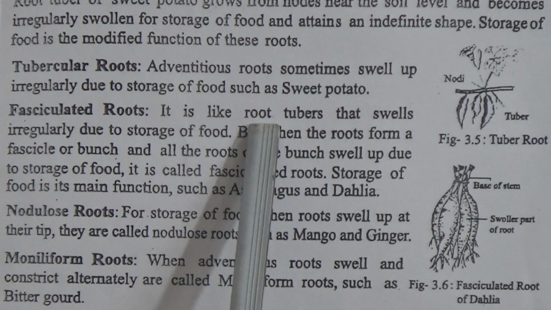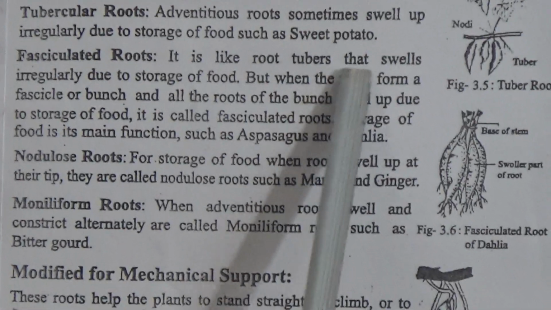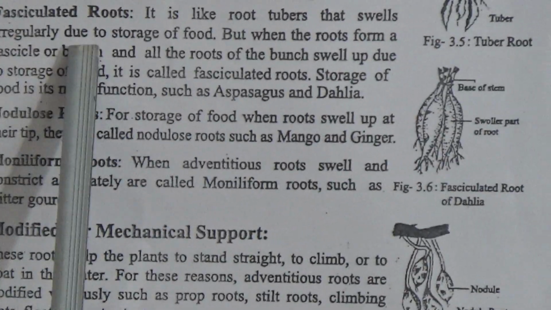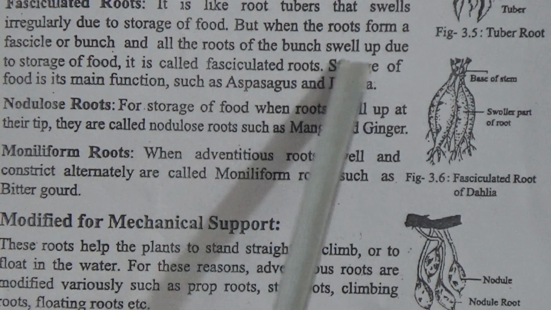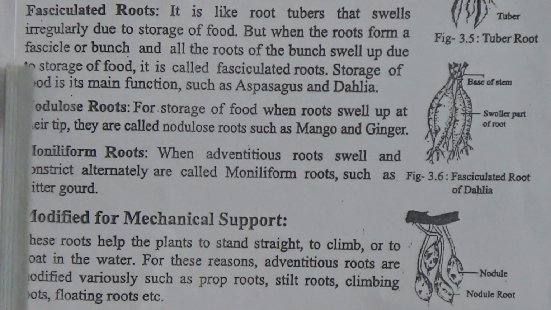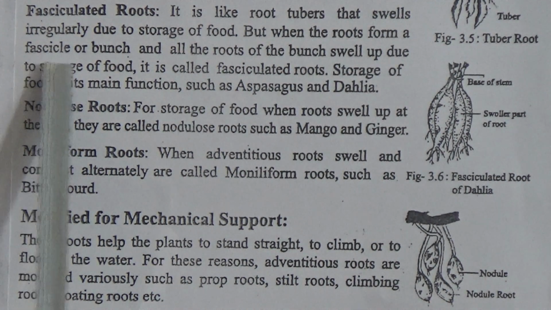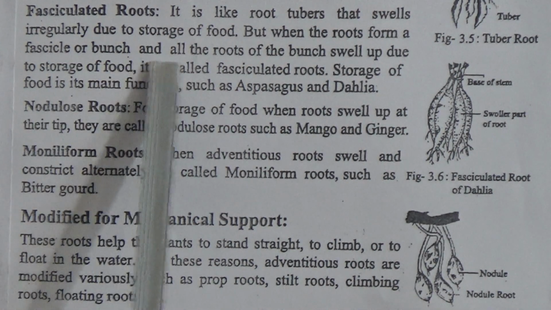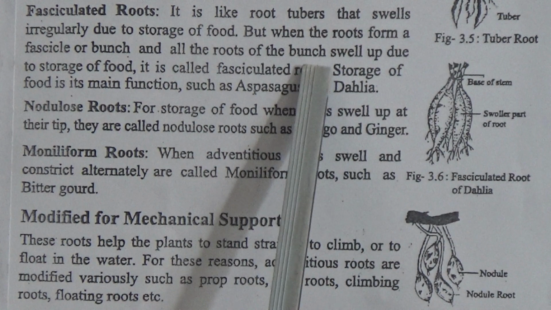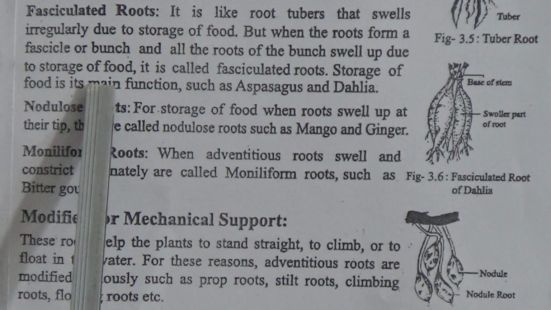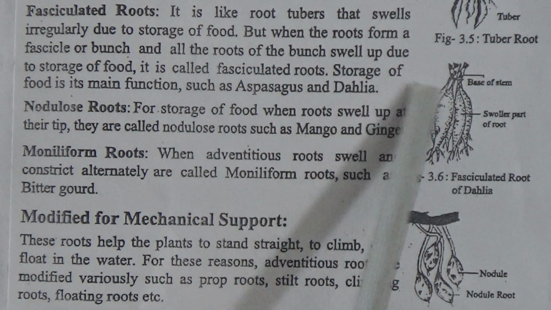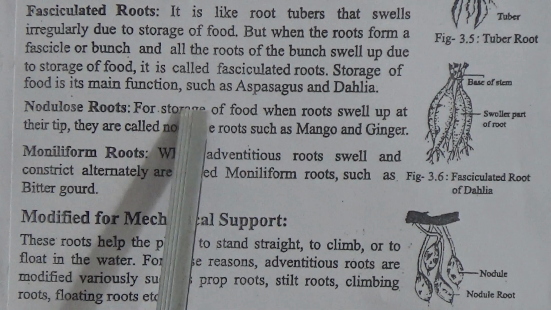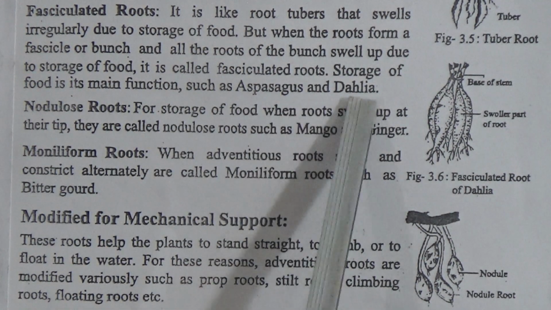It is like root tubers that swell irregularly due to storage of food. But when the roots form a fascicle or branch and all the roots of the branch swell up due to storage of food, it is called fasciculated roots. Storage of food is its main function, such as asparagus and dahlia.